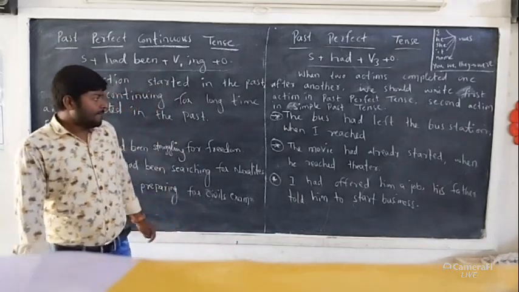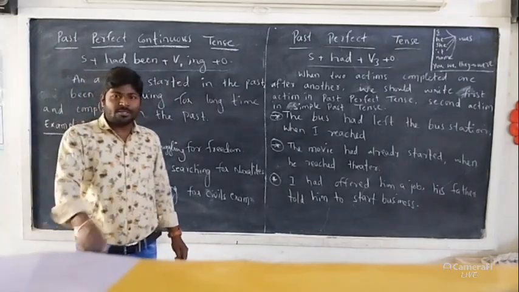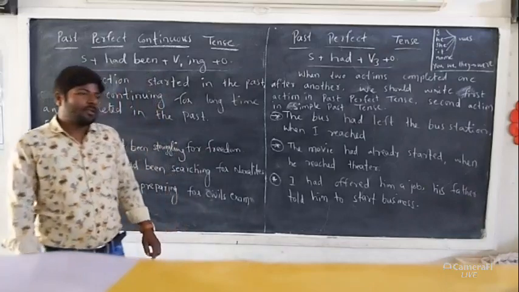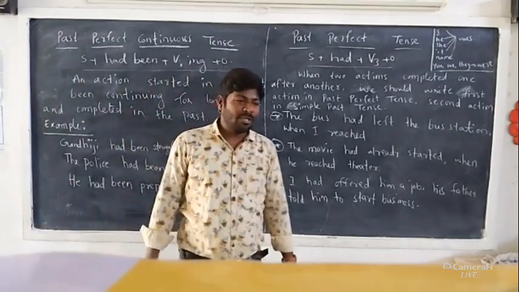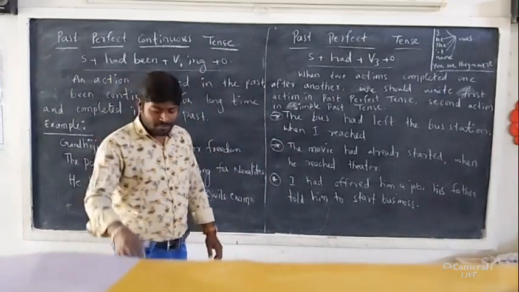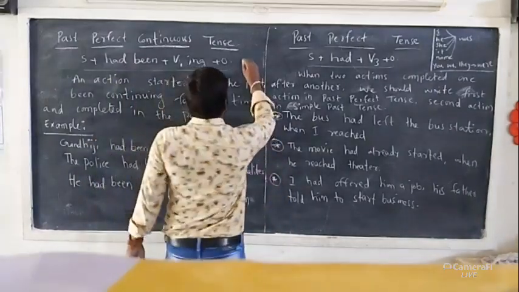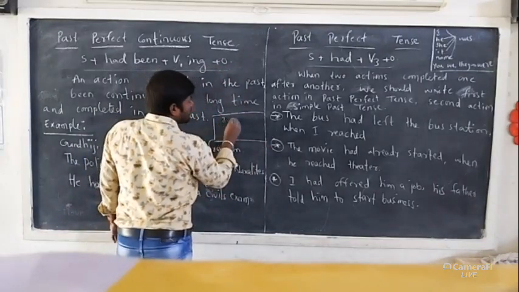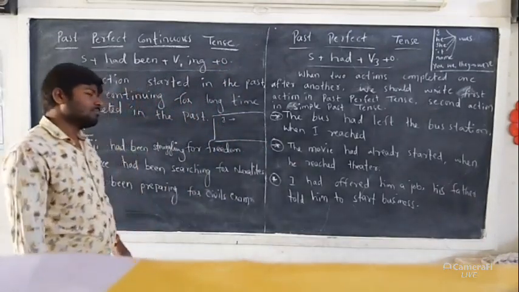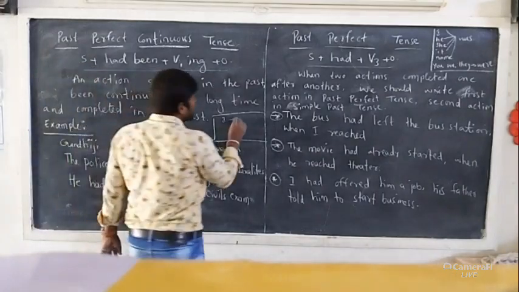If you have any doubt, you can mention it in the comment box, and tomorrow I will explain. One student asked me: is "I" a noun or a pronoun? "I" is a pronoun.